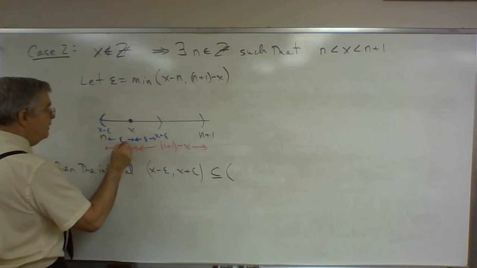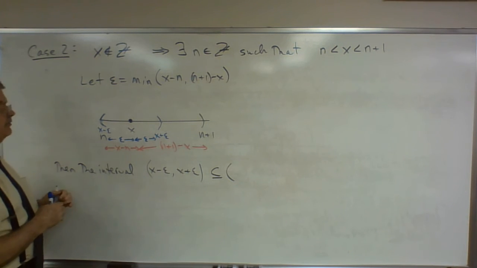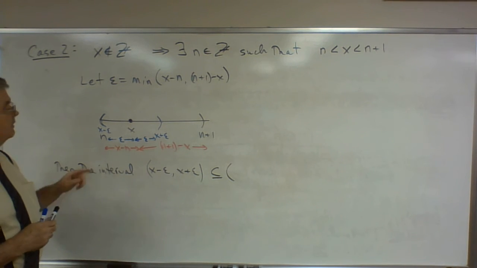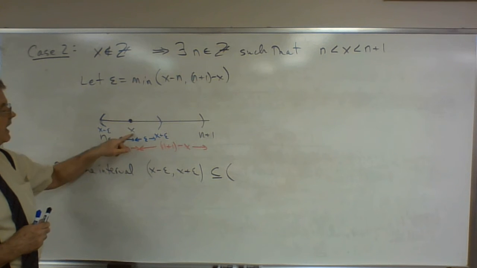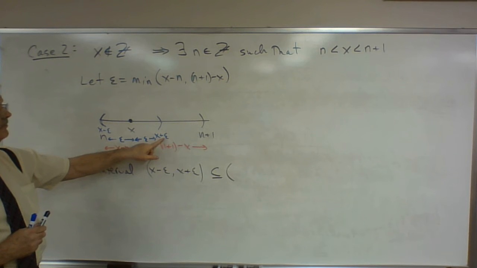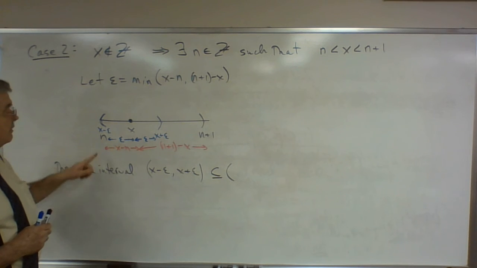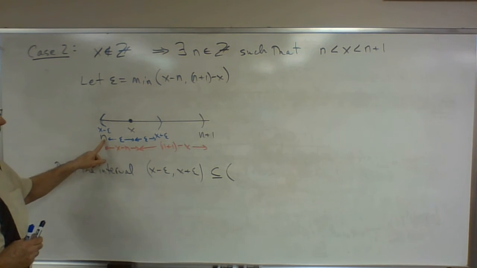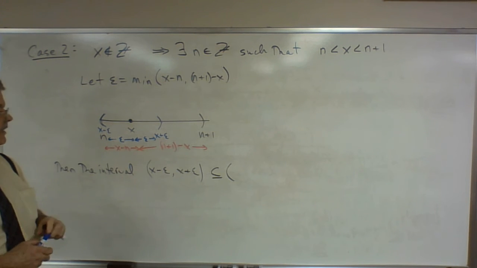But the fact of the matter is, this interval that contains x, this interval from x minus epsilon to x plus epsilon, doesn't contain the endpoints n or n plus 1.